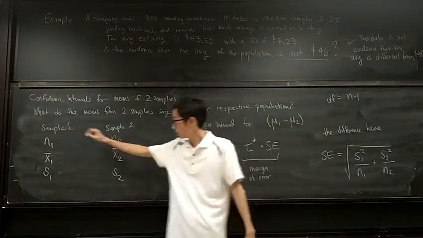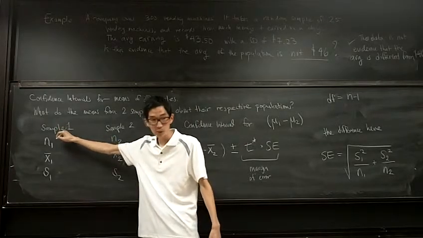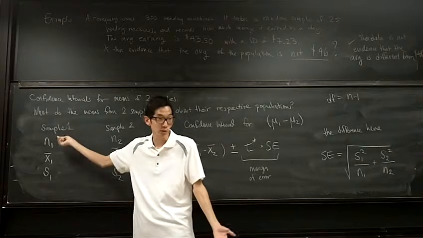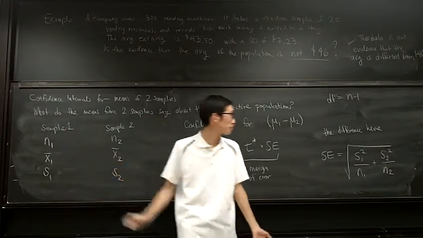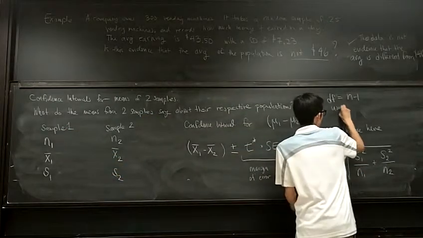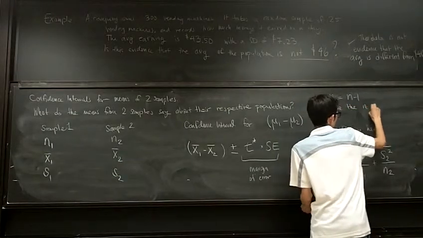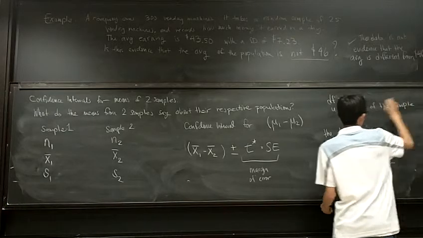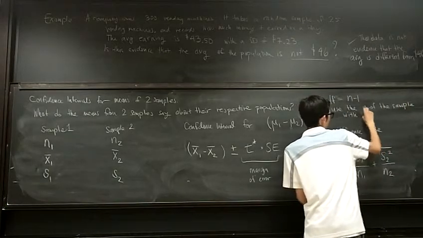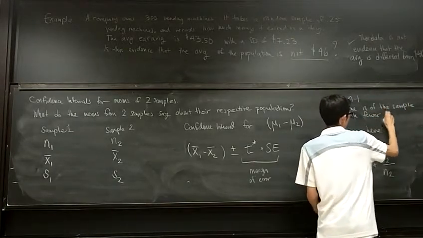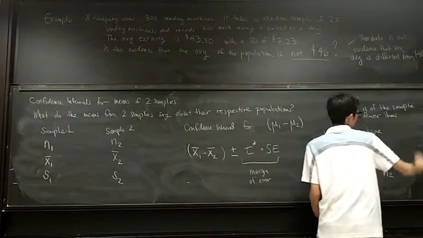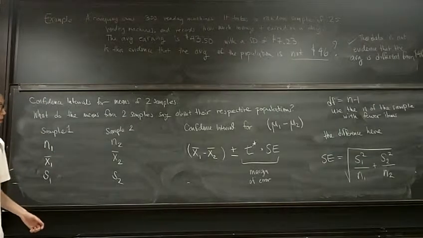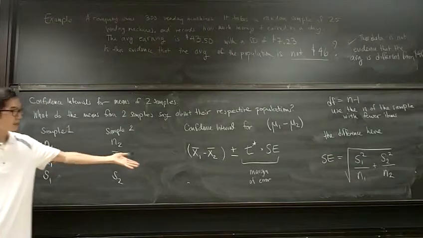So if sample 1 is 8 people and sample 2 is 30 people, we use 8 minus 1, 7 degrees of freedom. Does that make sense? So we use the n of the sample with fewer items or people. And other than that, that's it.